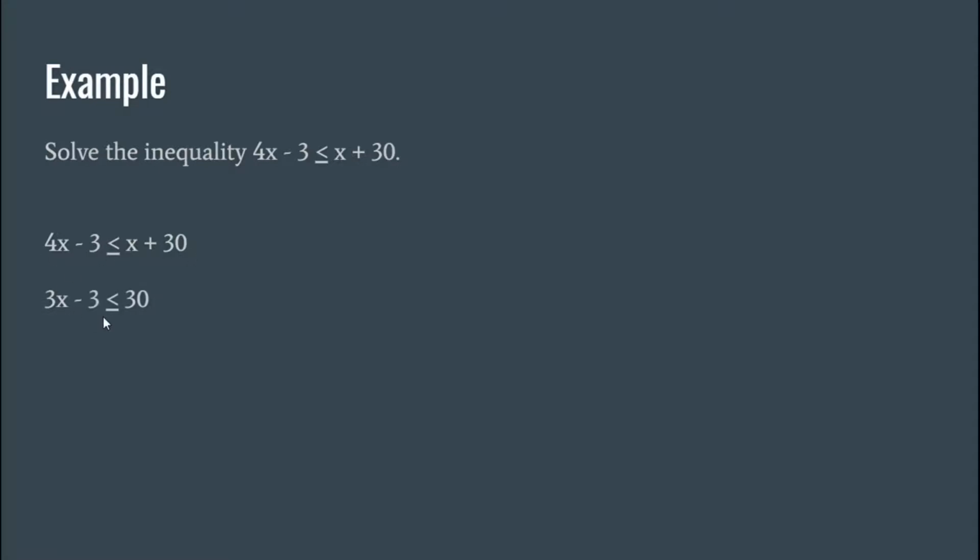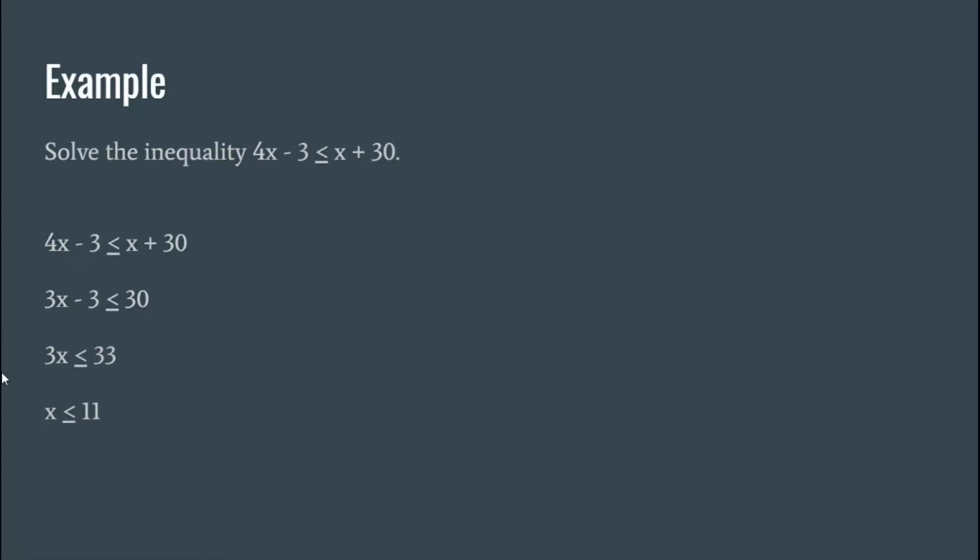Then I'm going to isolate the variable, so this moves over here. I'm going to add 3 to get rid of it. I add 3 to both sides of the inequality, and it simplifies to this. Then solve for x. In this case, we're dividing by positive 3, which means the inequality symbol does not change. It stays the same. That's what it simplifies to.